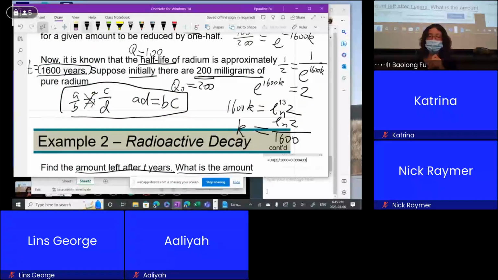So I get this number, K. So this is K equal to 0.000433. Any questions on how to solve for the constant K?